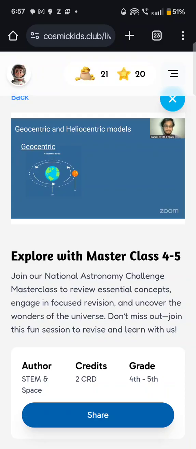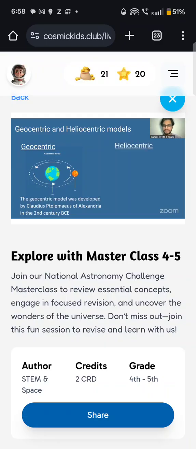Why geocentric? Because geo means Earth and centric means the Earth is at the center. So Earth was at the center of the universe, and the sun, moon, planets, and all the stars were orbiting the Earth. This model was proposed by Claudius in the 2nd century BCE.